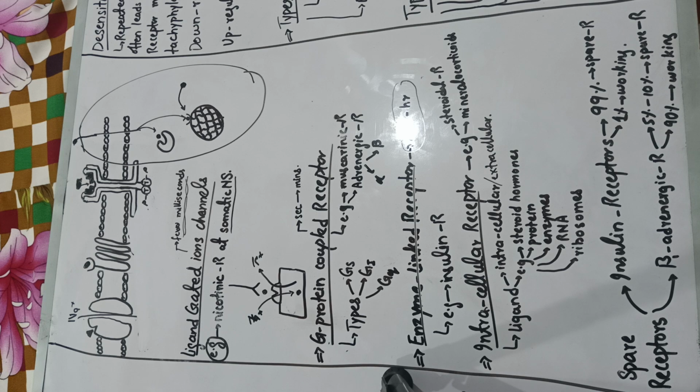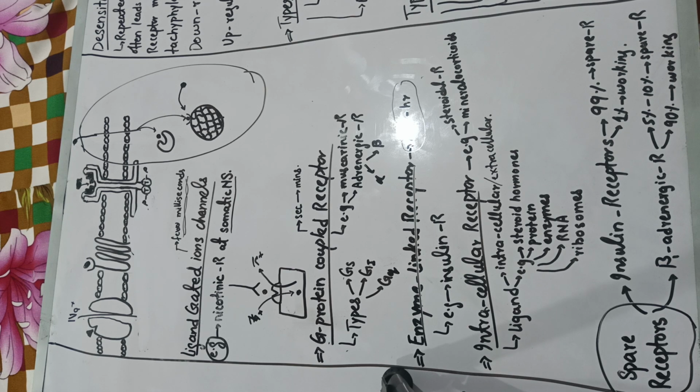Now we have covered all the types of receptors which are given in our chapter or in our book. Now we are going to discuss another terminology which is used here, and this terminology is spare receptors. The word spare means something which has nothing to work, which is free.